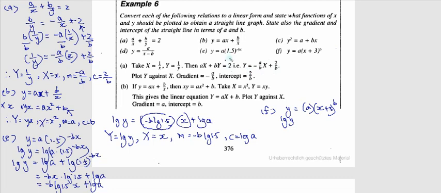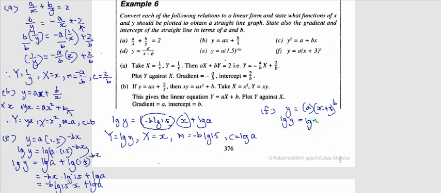Remember, if the base is e, then use ln. Here there's no base of e, so we don't need to use ln. If there's a base of e, then preferably you should use ln for each side of the equation. Now since there is no e, let's use log.